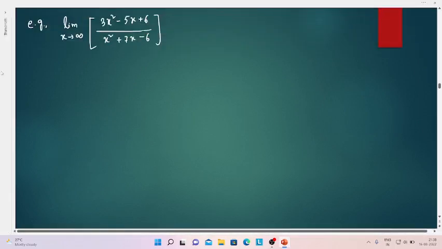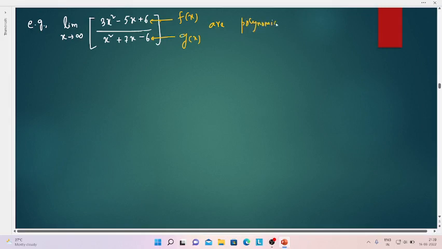Very easily. So basically, we have the limit as x tends to infinity, and the function given to you is 3x square minus 5x plus 6 upon x square plus 7x minus 6. Here the first function is called fx, and the second is gx. So fx and gx are polynomials, no issue, right?